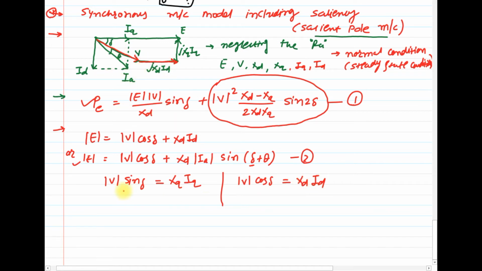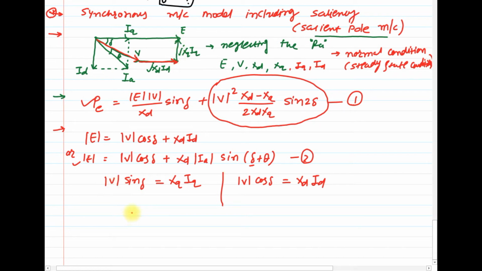Clear? So here we can consider either condition, but we derive or calculate the angle delta using this condition from the phasor diagram. Again I will explain. Here we have considered V sine delta is equal to XQ into IQ. Clear?